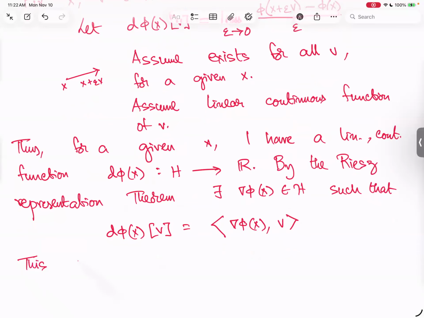This defines uniquely the gradient of phi of x as an element of H. And from here, you can show that this satisfies the chain rule.